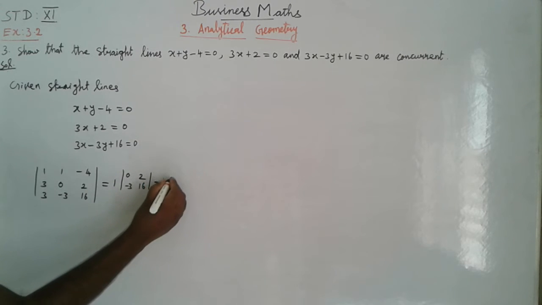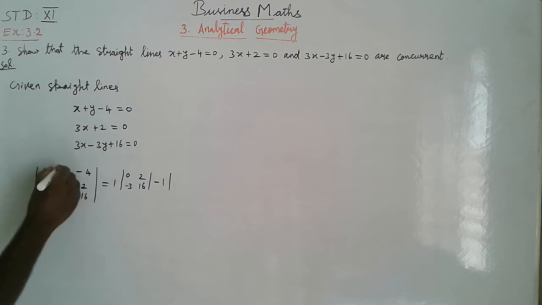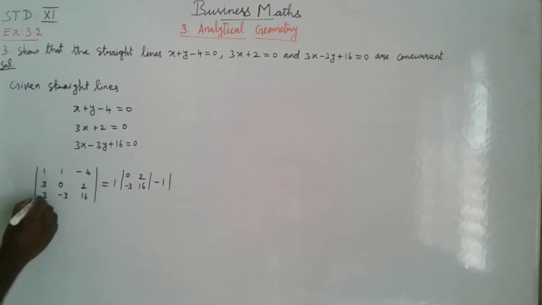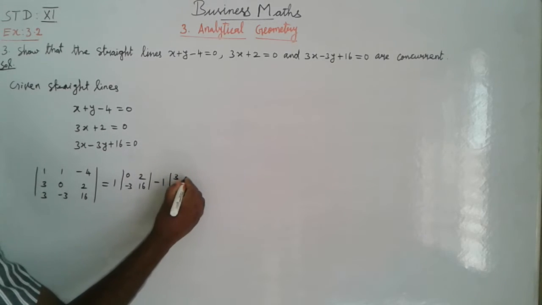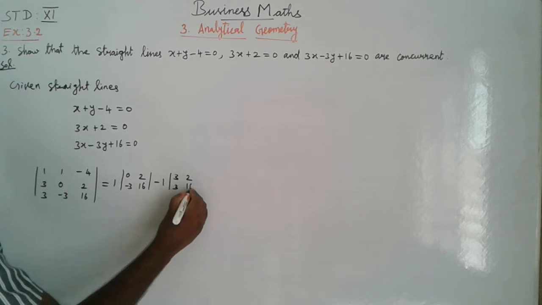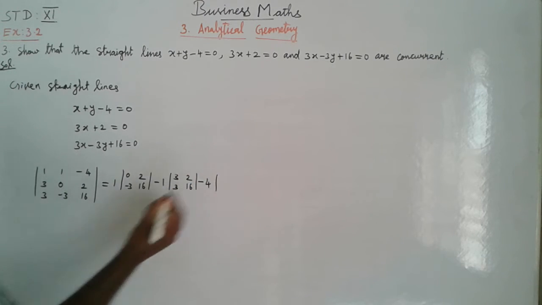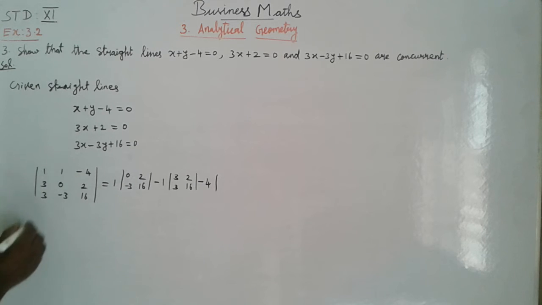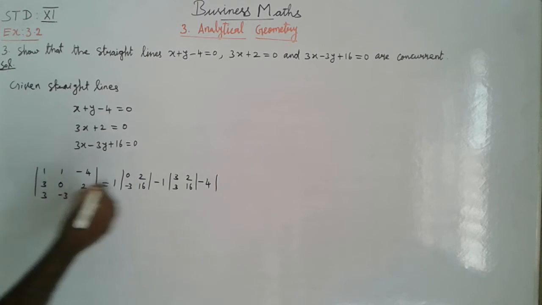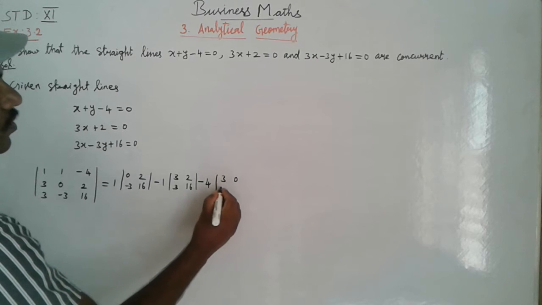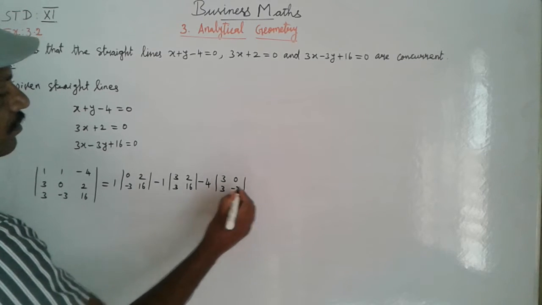Minus 1, eliminate its row and column: 3, 2, 3, 16. Minus 4, eliminate its row and column: 3, 0, 3, minus 3.